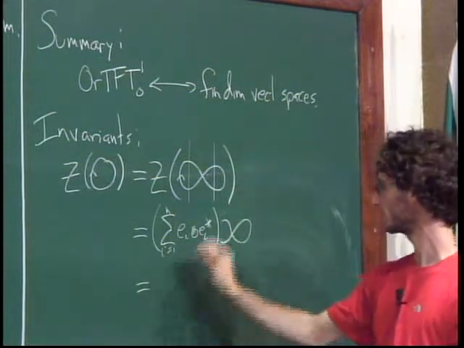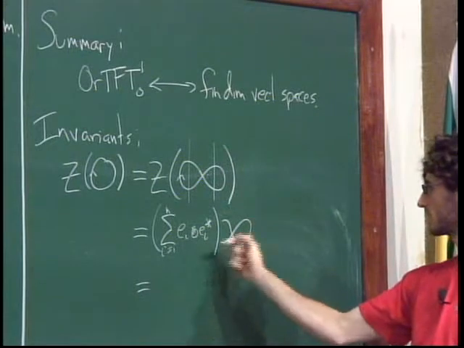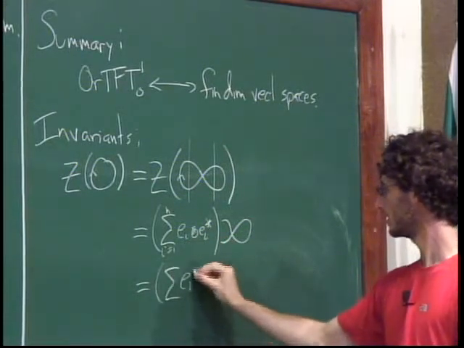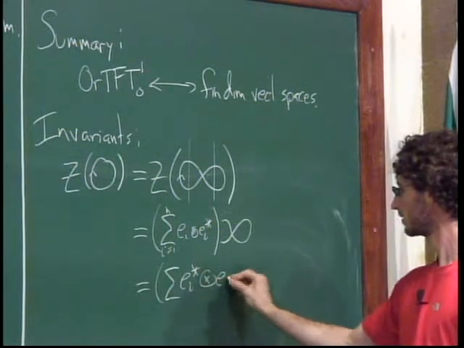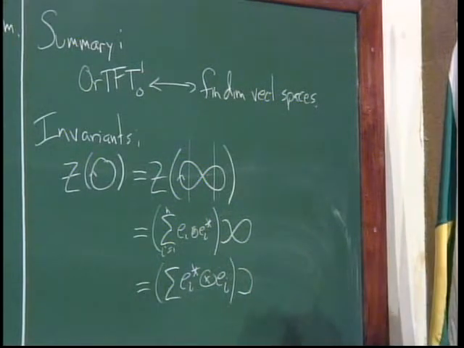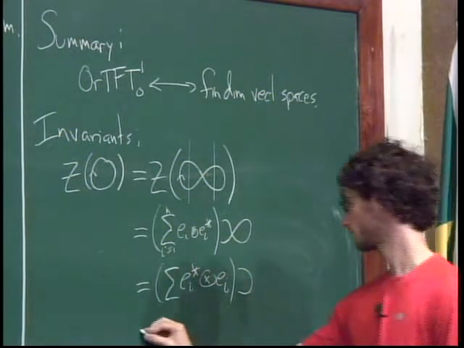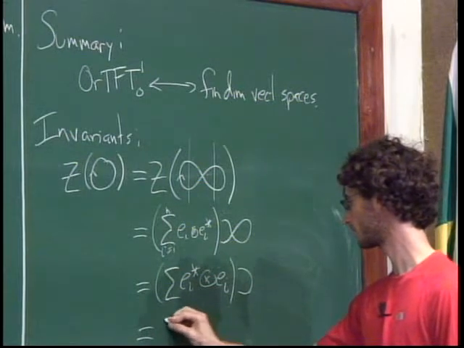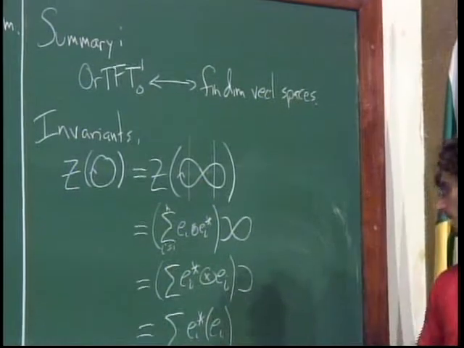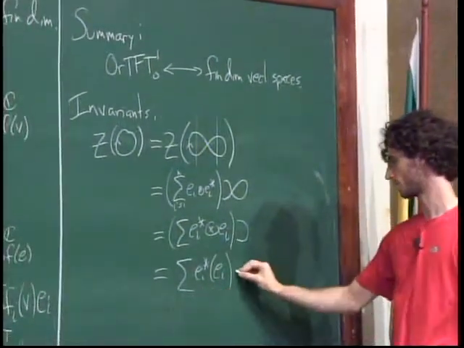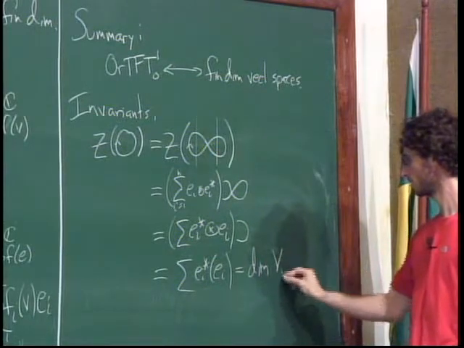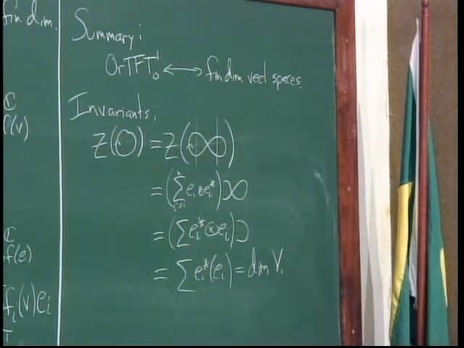We apply the next piece, which is just twisting these two factors, so then we have the sum of e_i star tensor e_i. Then the very last piece is the evaluation, and so this becomes the sum of e_i star of e_i. And this is just 1. So we're just summing 1 from 1 to n, which is exactly the dimension of V.